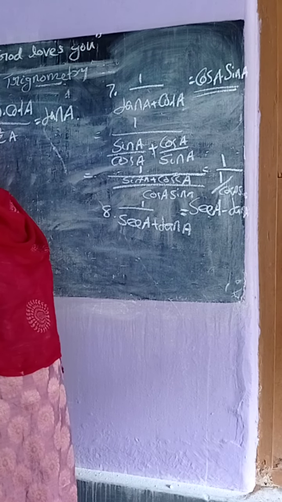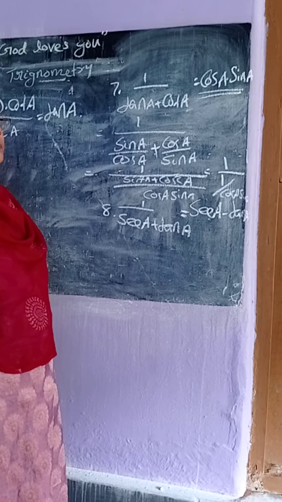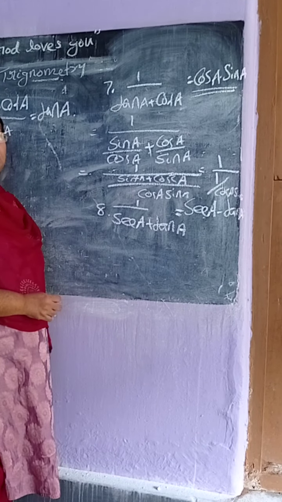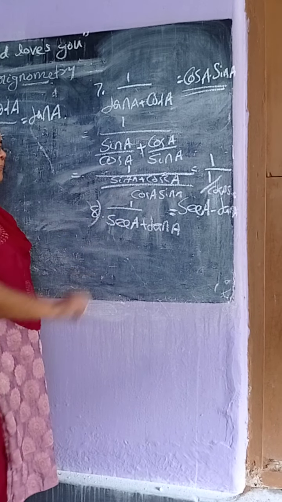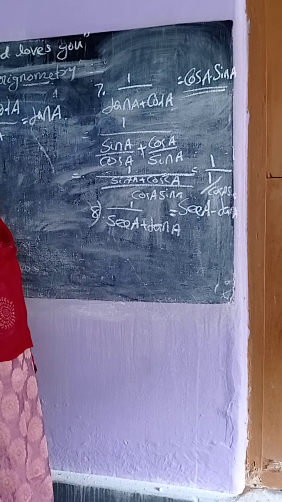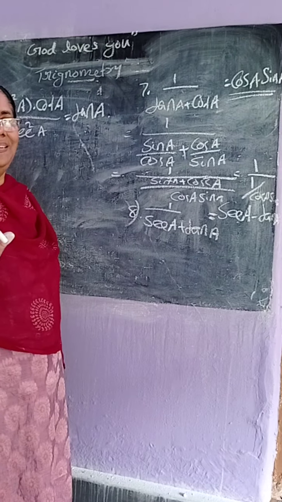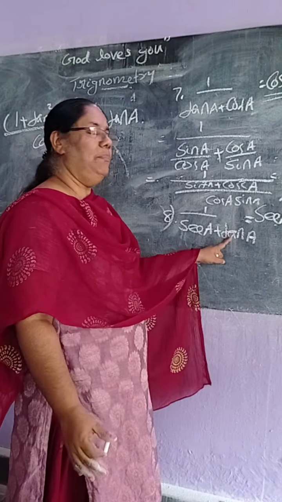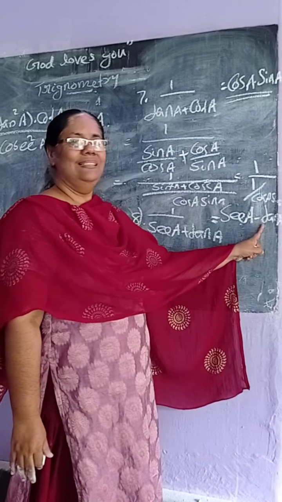Write the 8th problem. What's the 8th problem? LHS: 1 by cosec A plus tan A. Look here. Actually, sec means 1 by cos A, tan A means sin A by cos A. But look at the RHS.